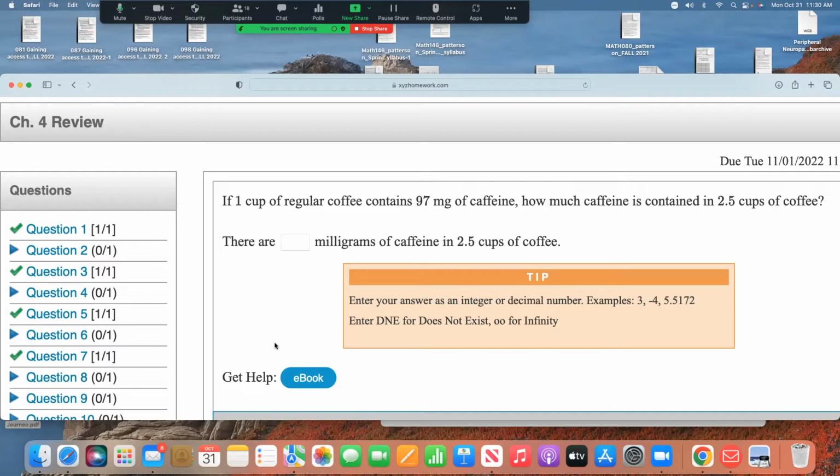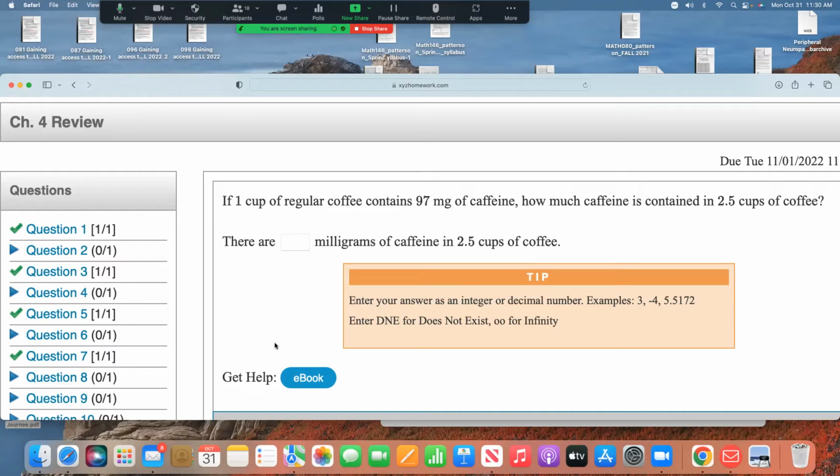What do you think we have to do with the two numbers? I'll give you 4 choices. Add, subtract, multiply, divide. What's your answer? Multiply. Correct.